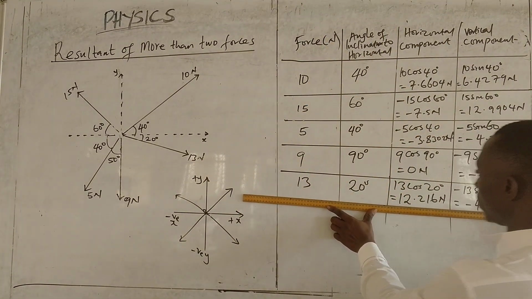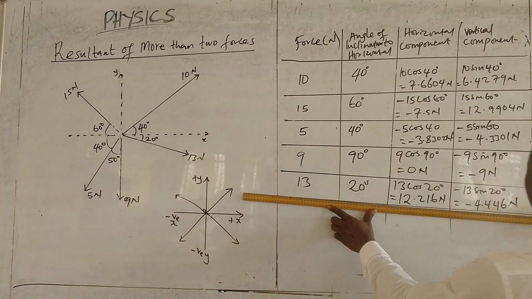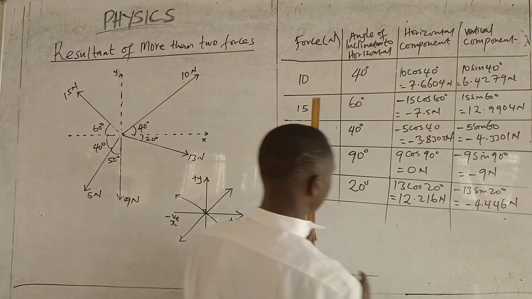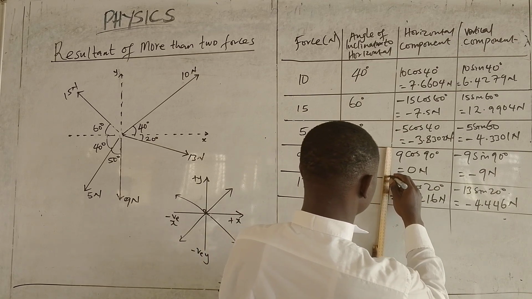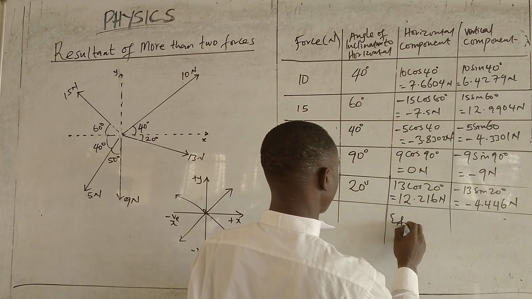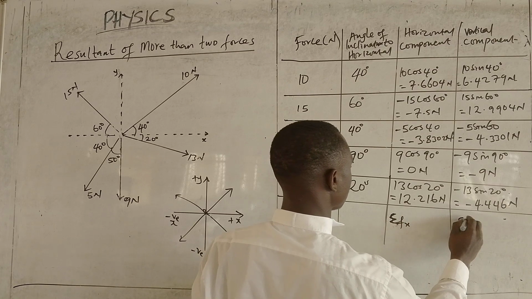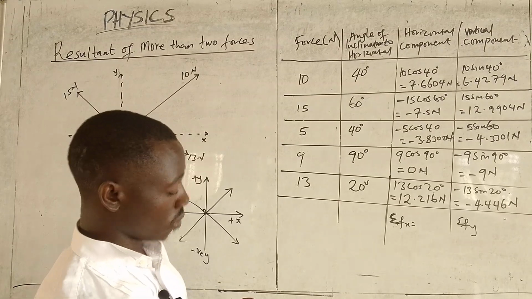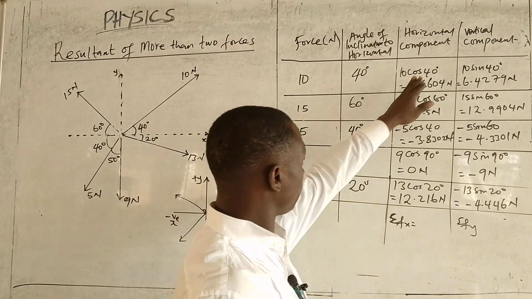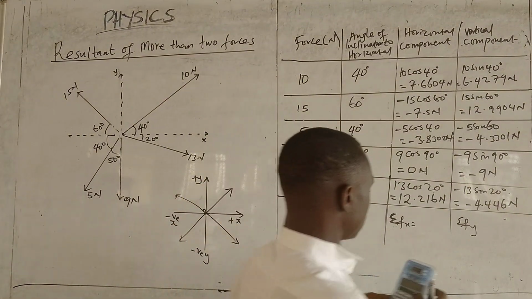So we are going to find the sum of all the horizontal components and the vertical components. So sum of Fx, then sum of Fy, where Fx is the horizontal component. So pick your calculator, the way they appear, the plus and the minus.